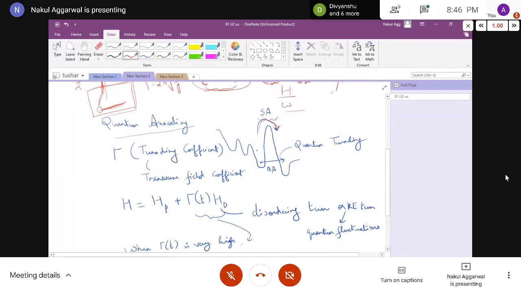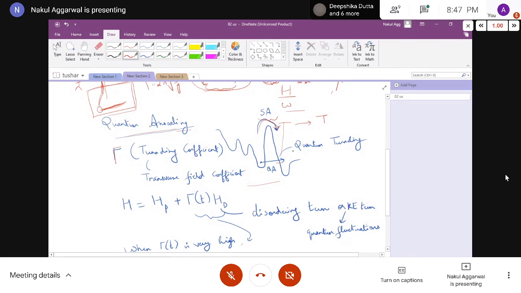But we saw that if these barriers are high enough, or if the cooling schedule is not chosen properly, we cannot reach the global minima. There, the parameter which we were changing was temperature T. Here also, in quantum annealing, we have a parameter which is called the tunneling coefficient, which we initially set to a very high value, and then we gradually decrease over time.